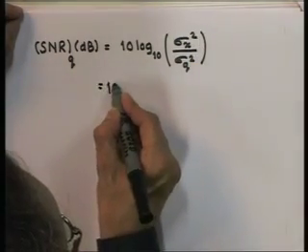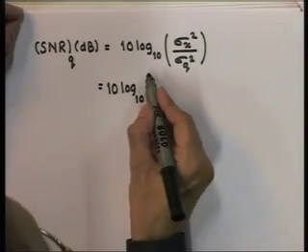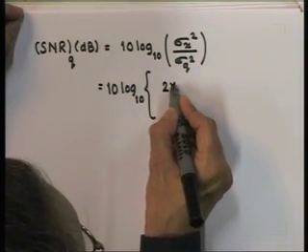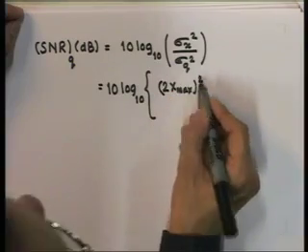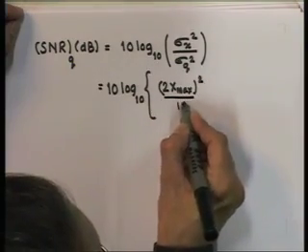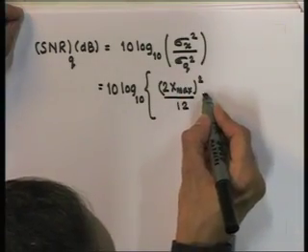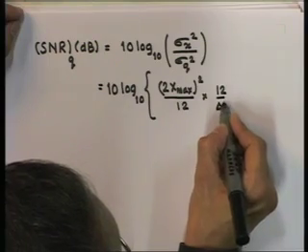This can be rewritten as 10 log 10 of signal variance, which is equal to twice x max squared divided by 12, and quantization noise variance, which is equal to delta squared by 12.